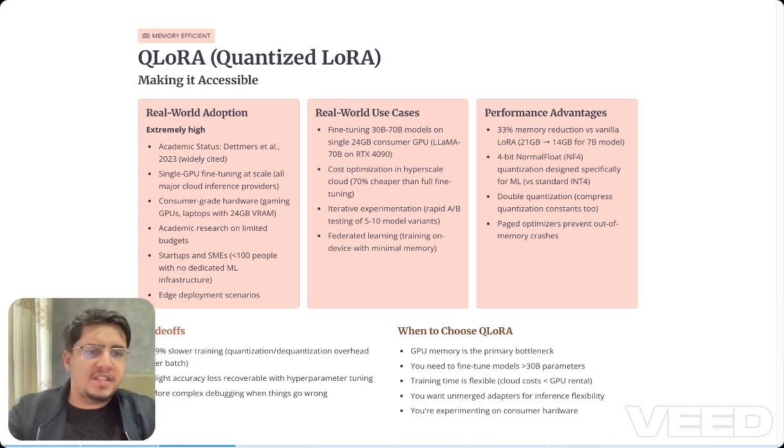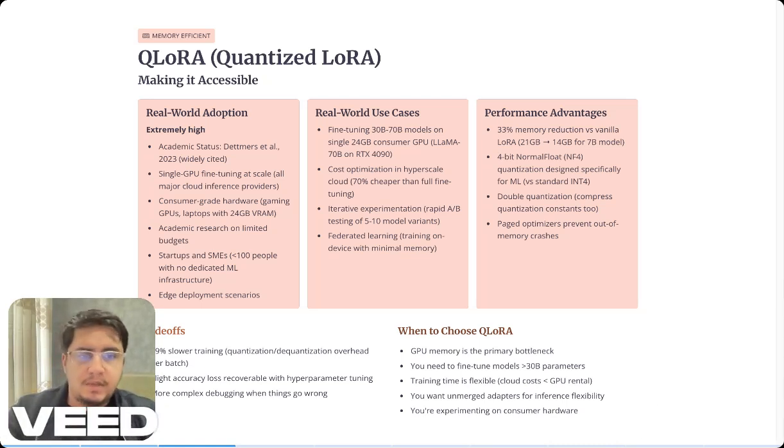In terms of performance advantages, you'll primarily find QLoRA's advantages in memory reductions, double quantization, and paged optimizers, so that memory crashes are less frequent. The trade-offs clearly are that it's 39% slower in training, and it has accuracy loss, so you'll usually have to recover that with some hyperparameter fine tuning, but essentially it's a trade-off for training and running on edge devices.